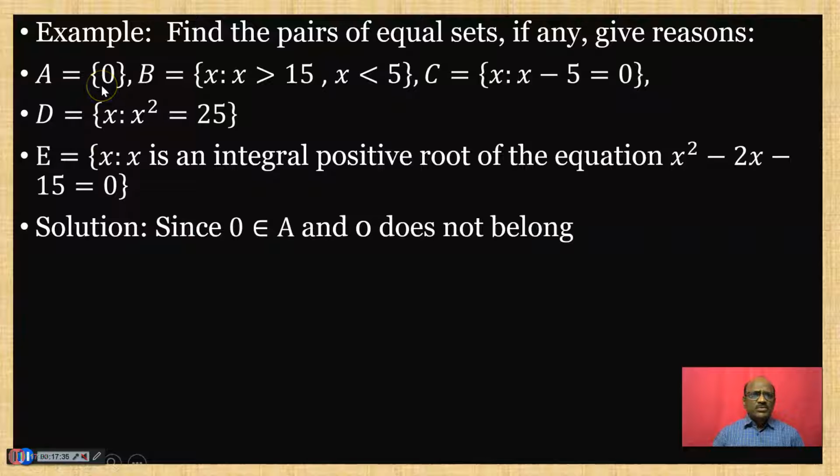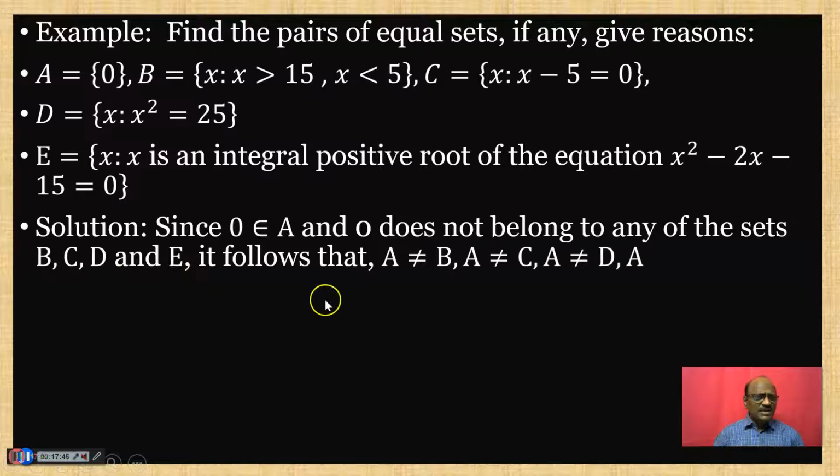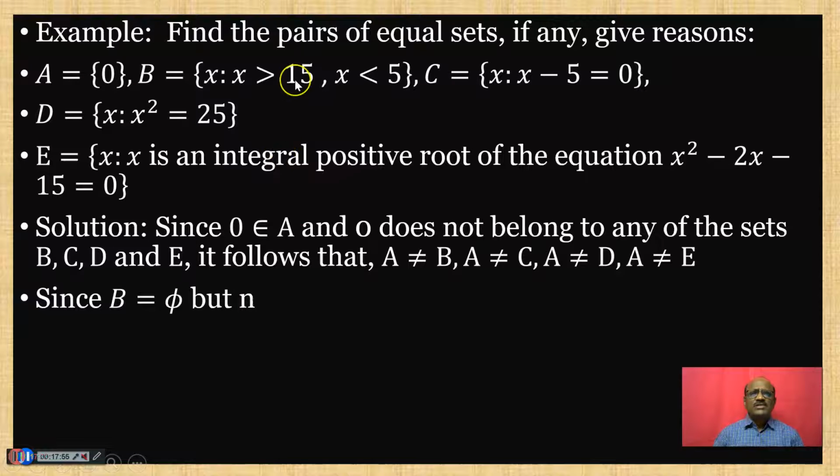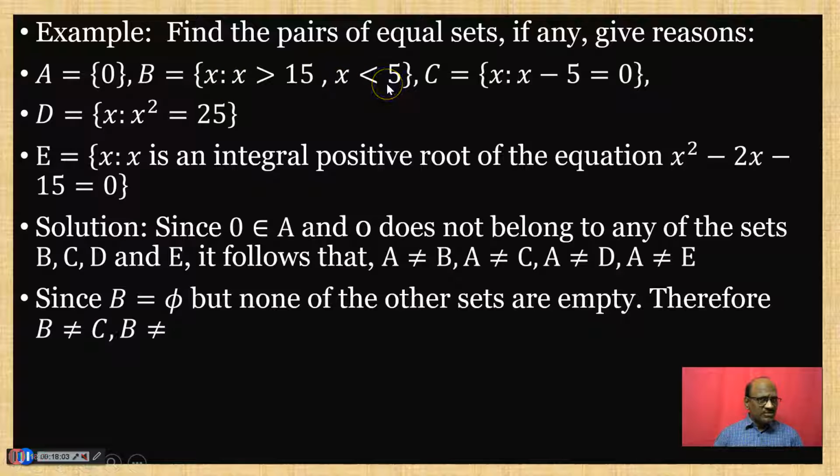Since A has 0, and 0 does not belong to any of the sets B, C, D, E, it follows that A is not equal to B, A is not equal to C, A is not equal to D and A is not equal to E. Next, we'll take B. What type of set is B? It says that x is greater than 5 and at the same time x is less than 5.